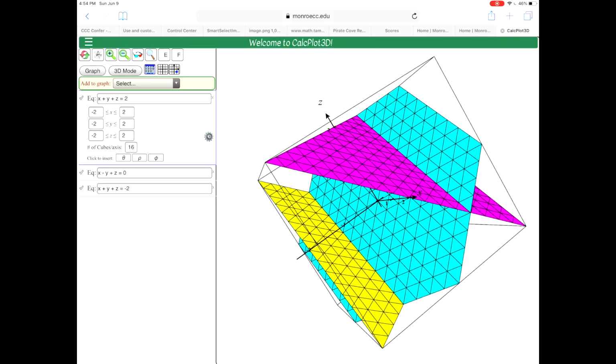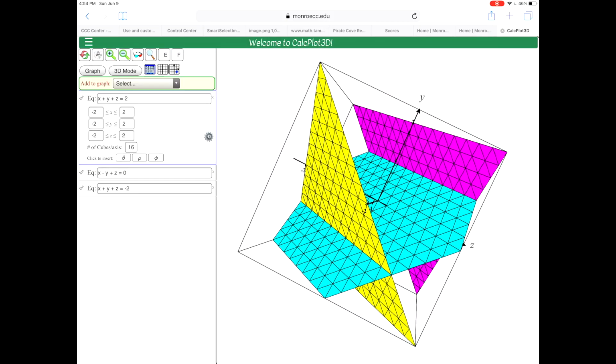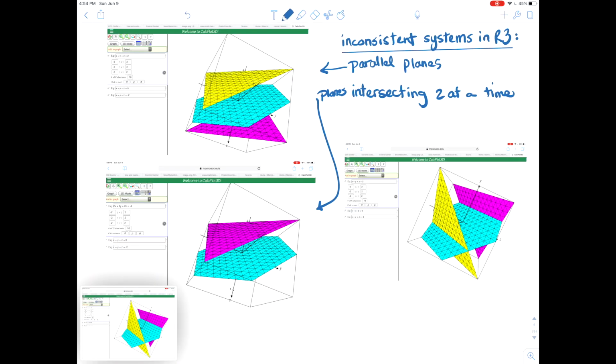And then you can just toggle your view, however you want. But this is the big picture idea, no pun intended. So you can see what's going on. So notice that there are intersections, right? But they don't all three intersect in at least one point. Okay. So here's the other situation for that.